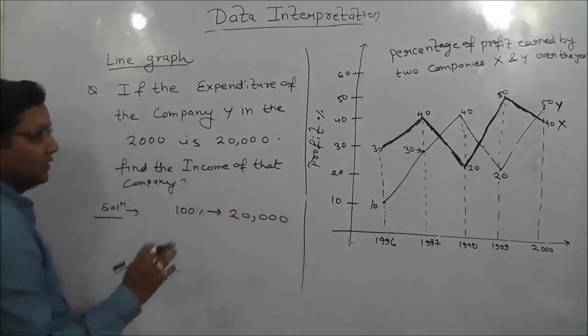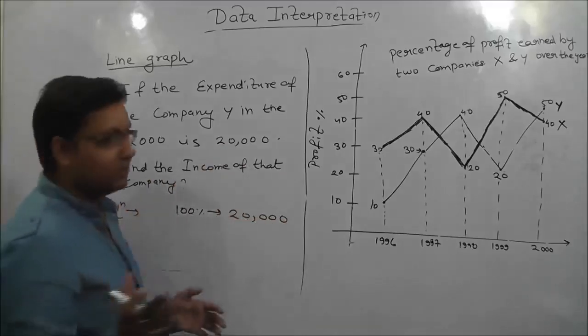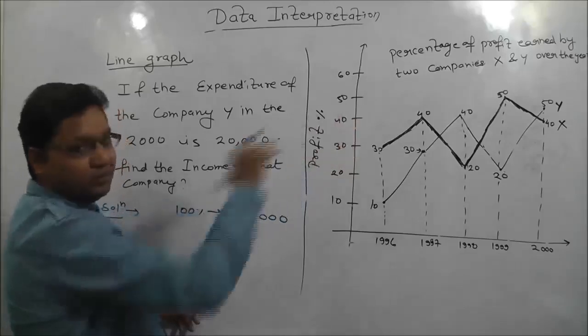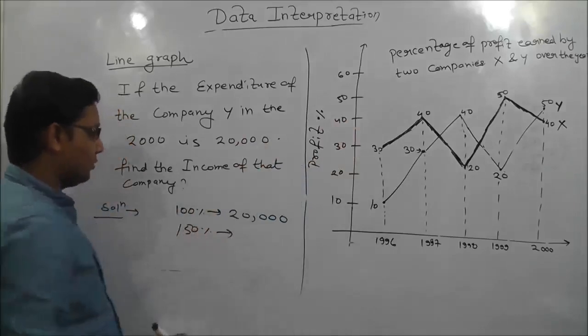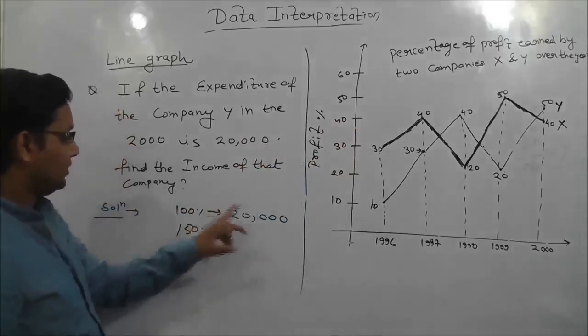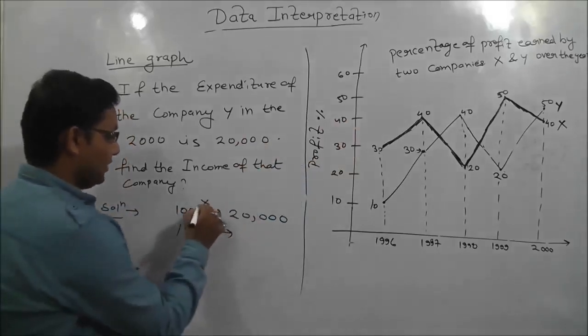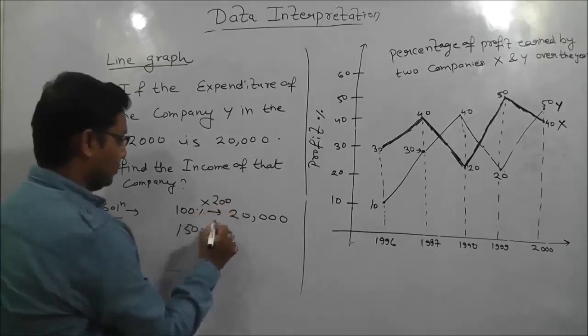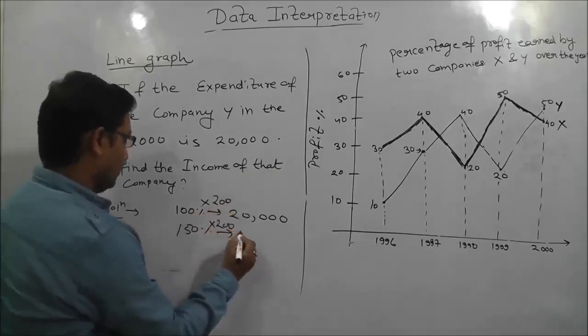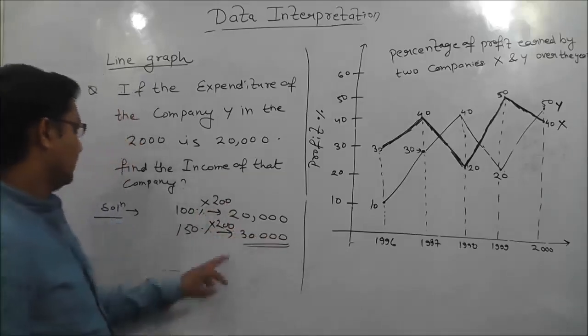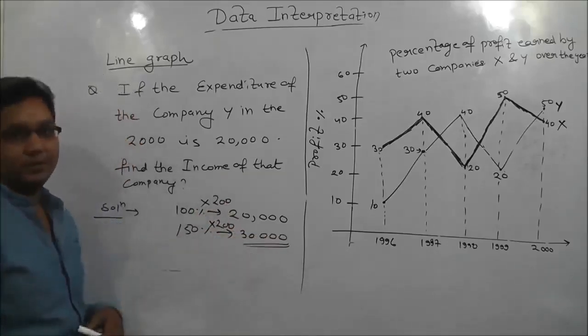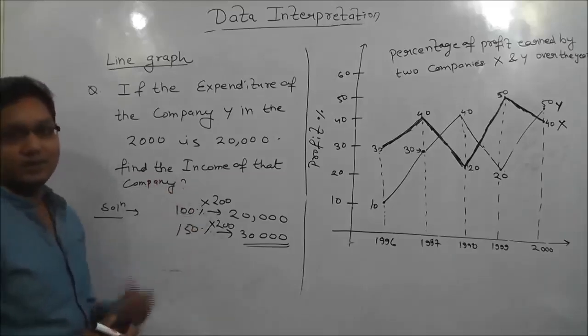Income is expenditure plus profit percent, so 150% will be the income. We multiply by 1.5, so 30,000 will be the income of that company. In this way you can find this answer.